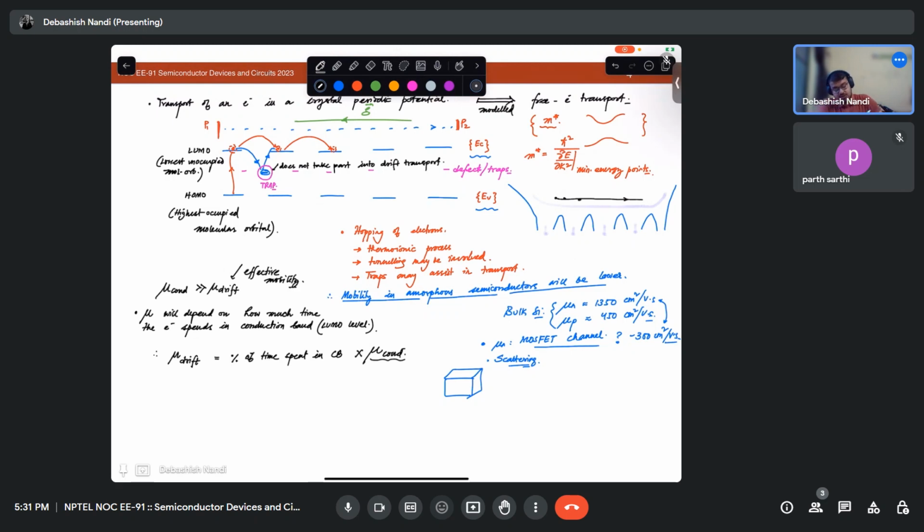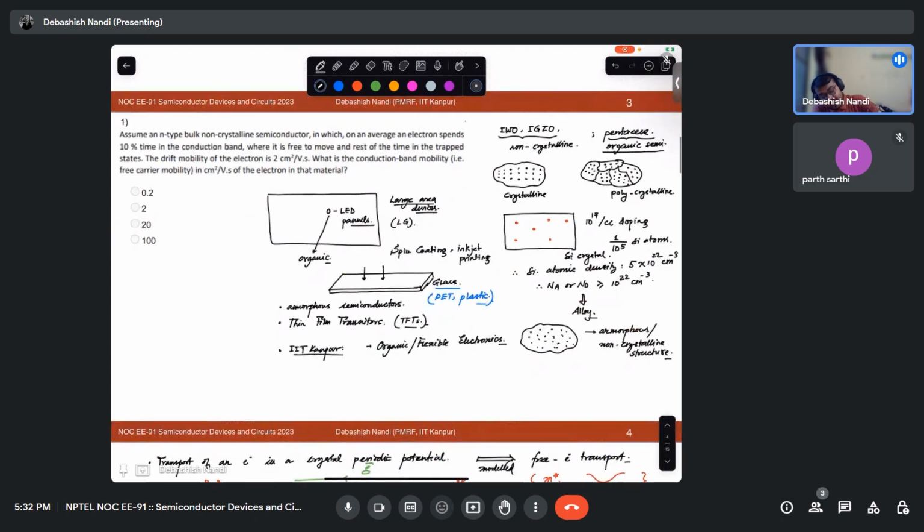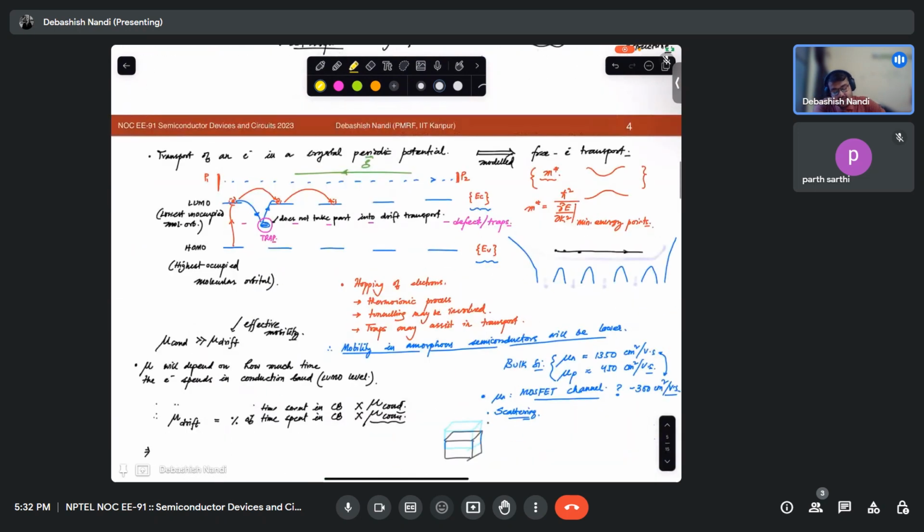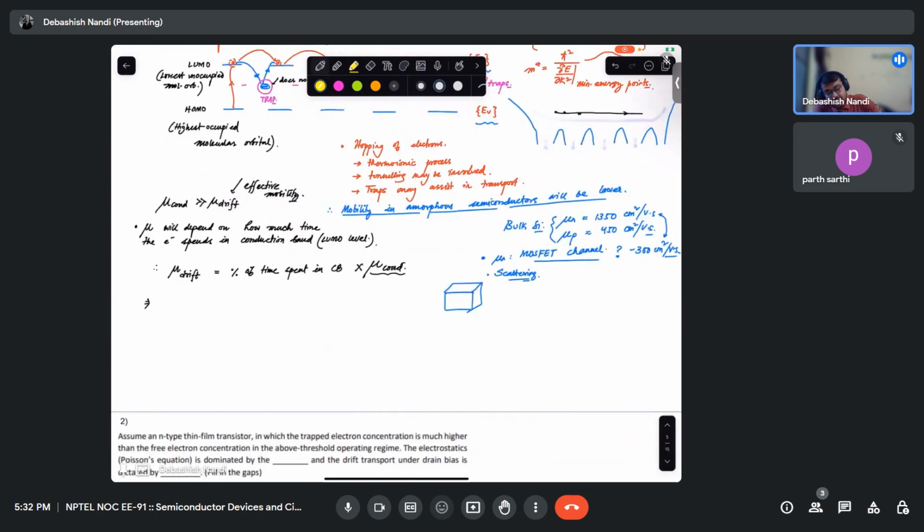In our question it is given that the electron spends 10% time in the conduction band and the drift mobility is this. They want us to find the conduction band mobility, or the free carrier mobility, right? We can easily do that.